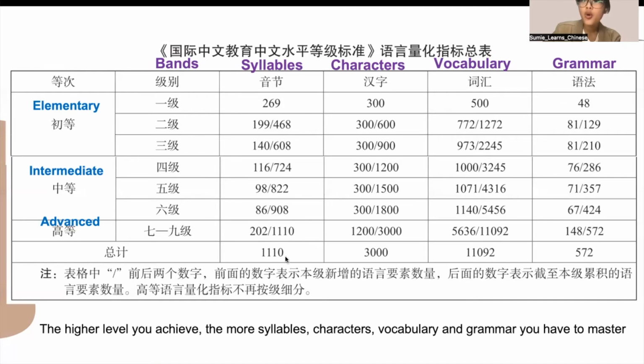That means you have already learned 1,110 syllables, 3,000 characters, more than 11,000 vocabulary, and almost 600 of the grammar usage. So I hope you can understand how to read this table.